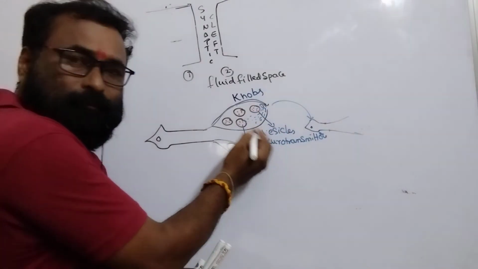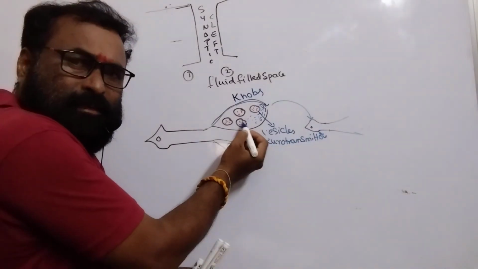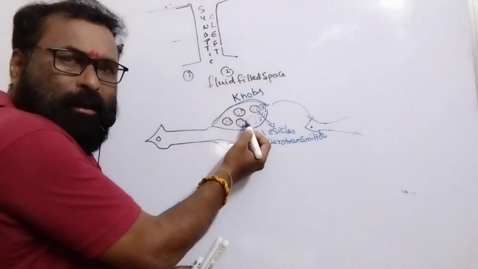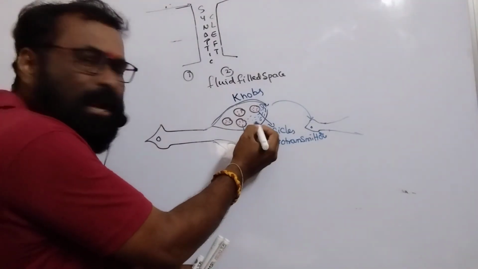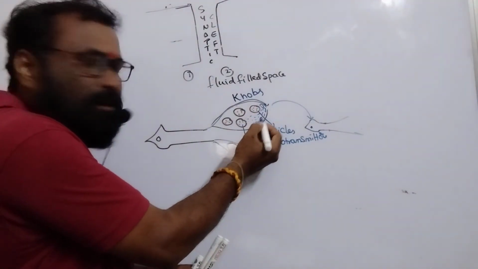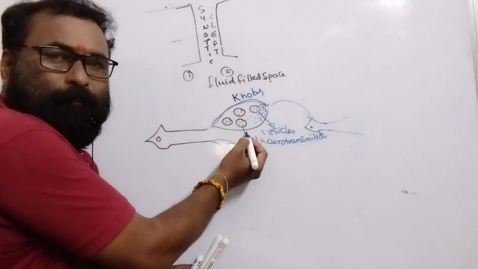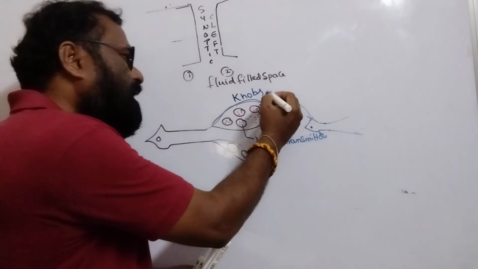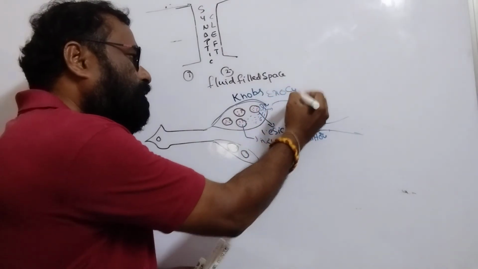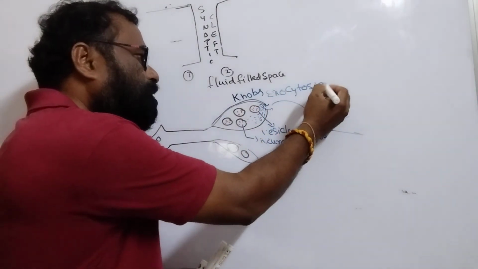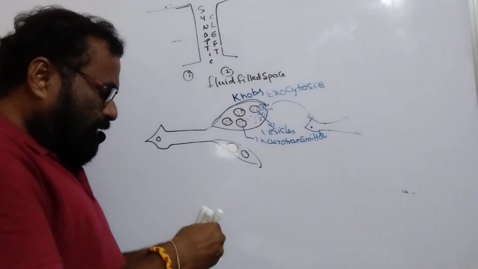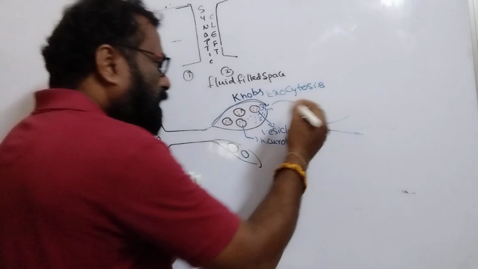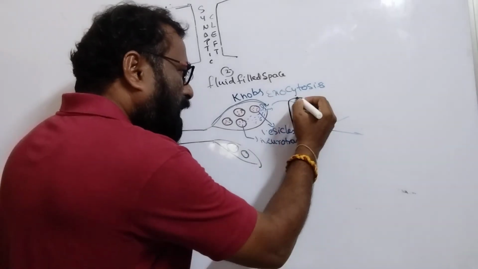They come toward the ending part of the membrane and are liberated by exocytosis, and they touch the receptors of another neuron.